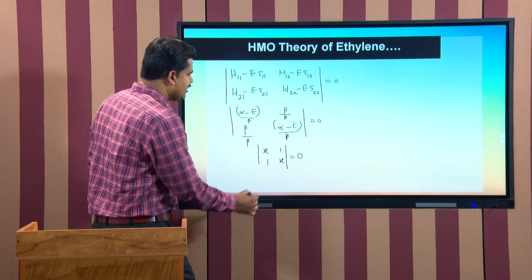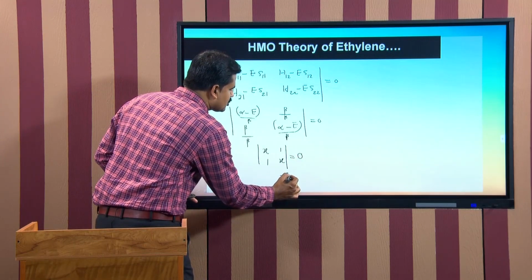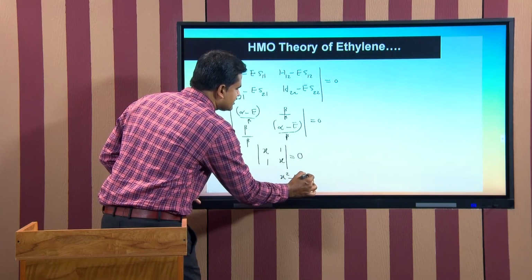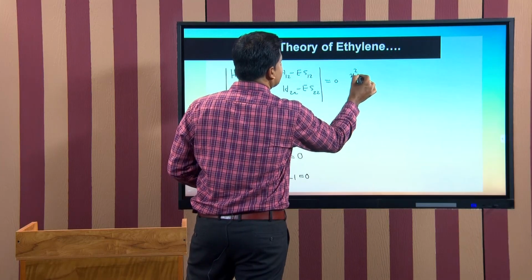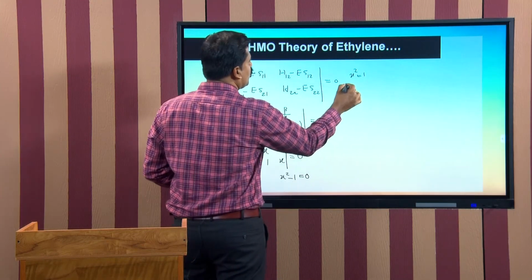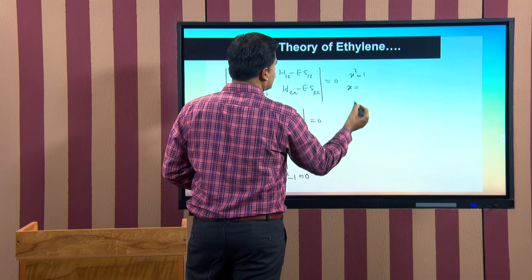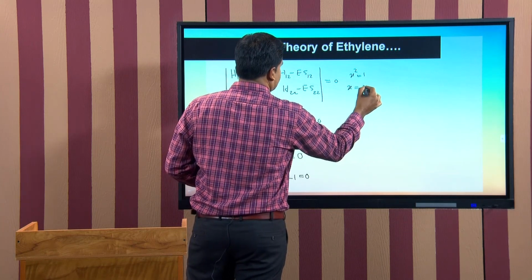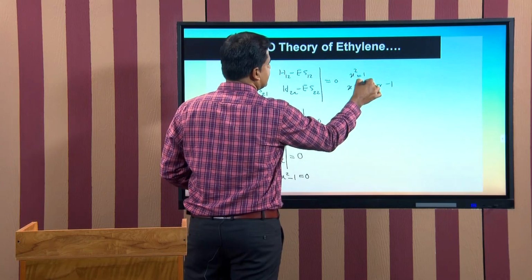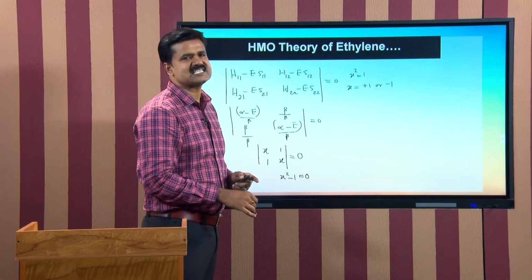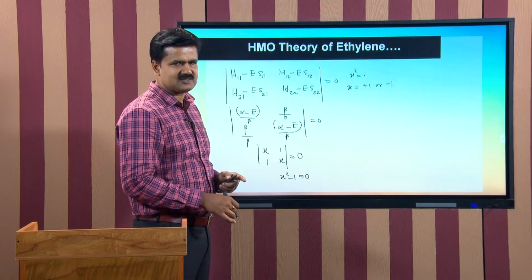Or simply we get x square minus 1 is equal to 0. That is x square equal to 1, or x is equal to plus 1 or minus 1. Taking the root, we get two possibilities: x may be plus 1 or x may be minus 1.